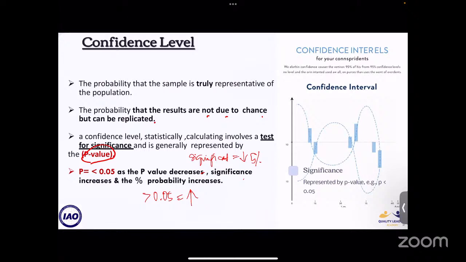As I repeat, when the p-value is less than 0.05, high significance, results are likely valid. But when the p-value is more than 0.05, the results are more likely due to chance. So the smaller the p-value, the greater the confidence in the results being real and significant.